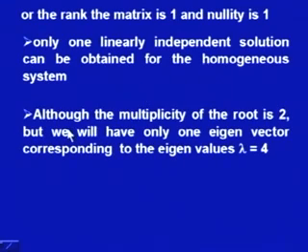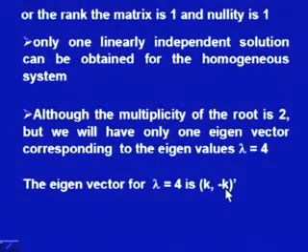So although the multiplicity of the root is 2, we have only one eigenvector corresponding to the eigenvalue lambda is equal to 4. In the earlier example we had 3 distinct values and we got 3 eigenvectors, but in this case we got repeated eigenvalues and we have only one eigenvector corresponding to that. So what is the eigenvector corresponding to lambda is equal to 4? It is (k, minus k).